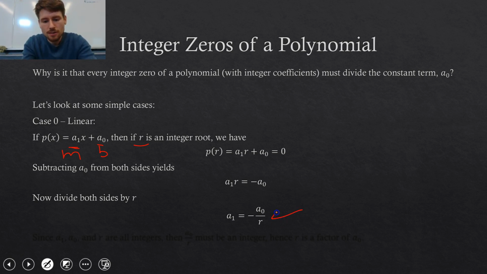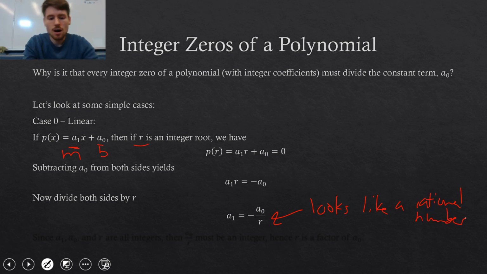Now this over here, this looks like a fraction. This looks like a rational number. But it can't be. And that's because it is in fact, well, it's not a fraction, it's a whole number, it's an integer. And that's because a1 is an integer.